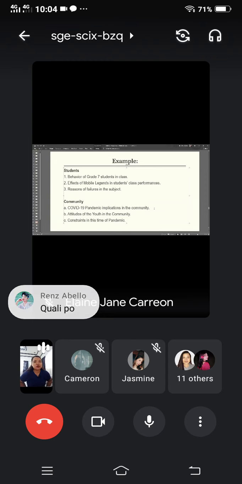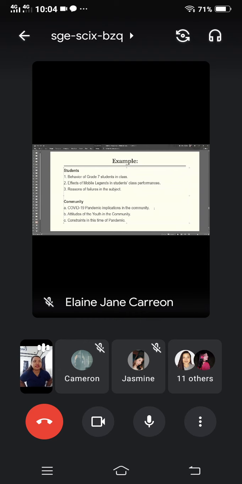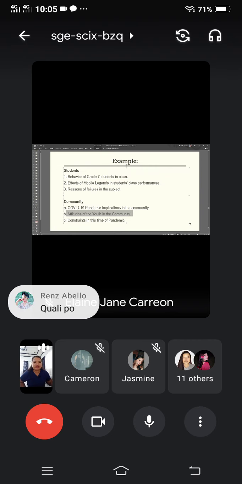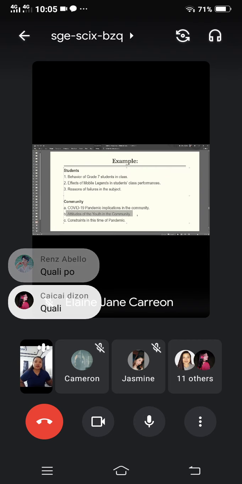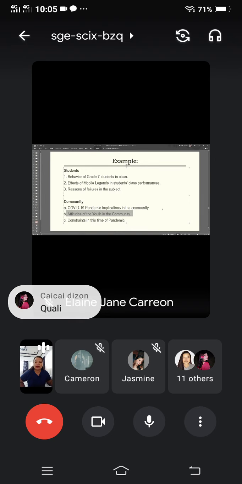So, siguro kung effects of COVID-19 in the community, pwede siyang maging quanti or mixed method pa. Pero this one is implications. It's very quali. Next, attitudes of the youth in the community. Ayan, ano yan? Quali. Okay. Pero pwede, very good, quali. So, pwede nyo rin gawing quanti to ha.